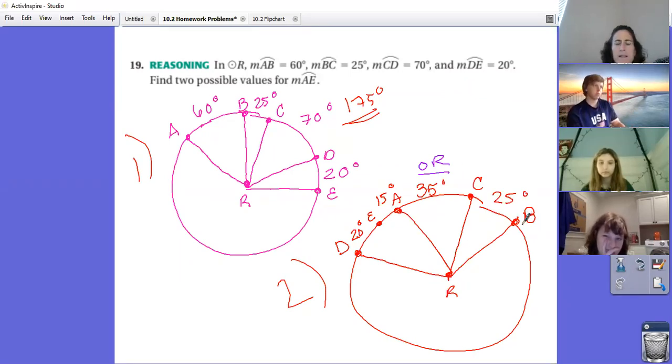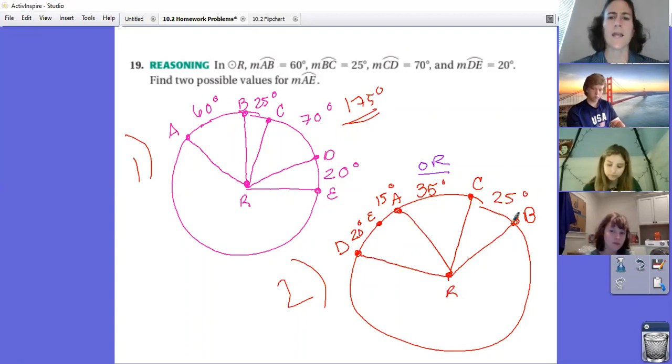And then BC, as you can see, instead of extending it like I did in the first scenario, I actually went backwards and made that 25. Do you guys see that? So my arcs here are overlapping. So that was another way of doing it. And then here, arc AE is only 15 degrees.